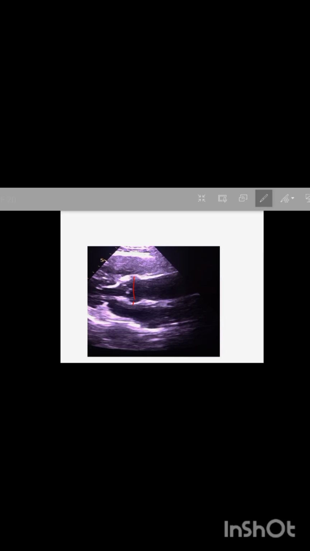This is called the sinus of Valsalva, and it is the reservoir of blood which goes to the coronary arteries in diastole.